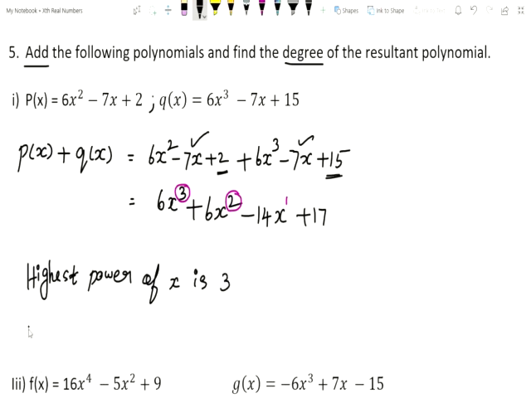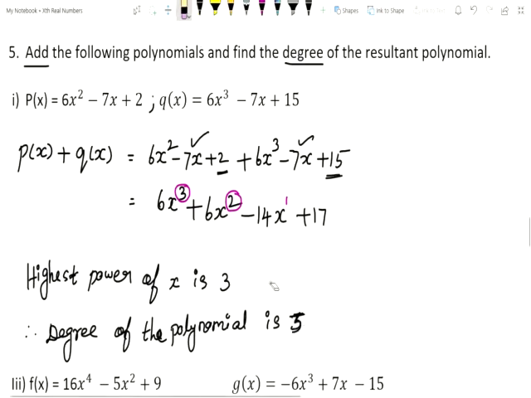Therefore the degree of the polynomial is 3. What is the answer? 3.